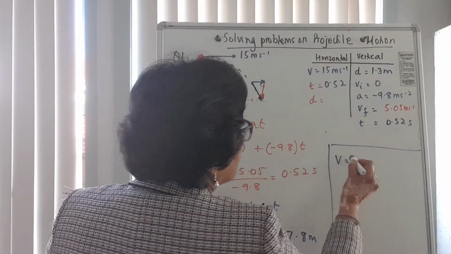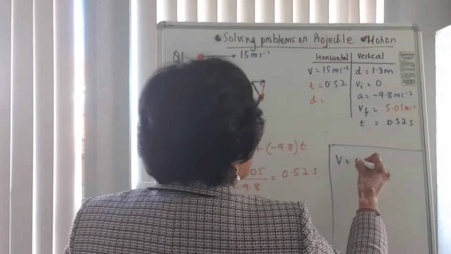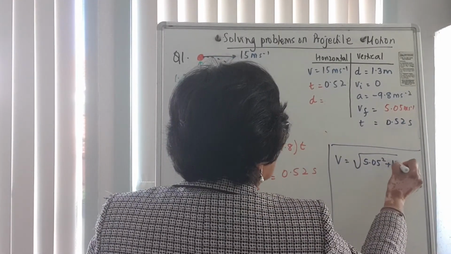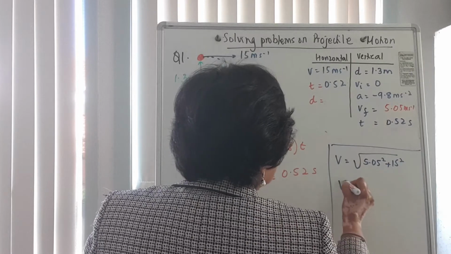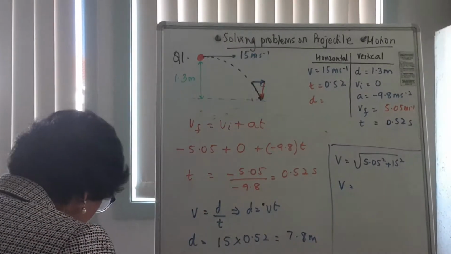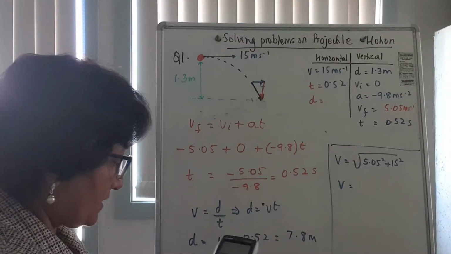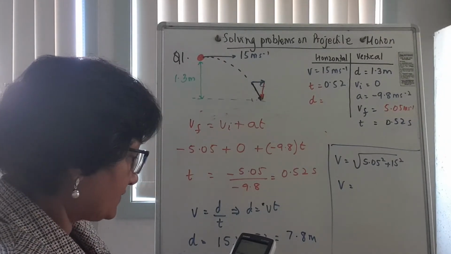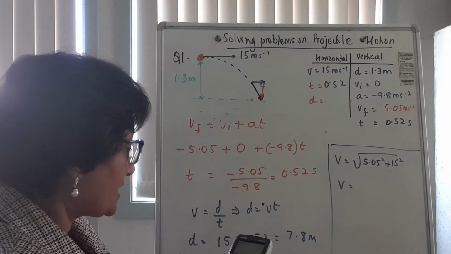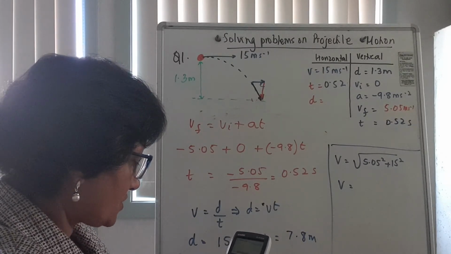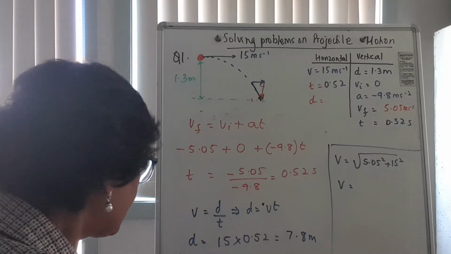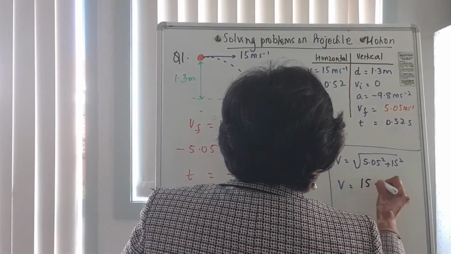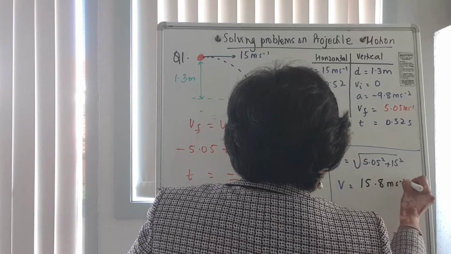So your velocity when it lands is the square root of 5.05 squared plus 15 squared. The square root of that, I get 15.83, so about 15.8 meters per second this way.